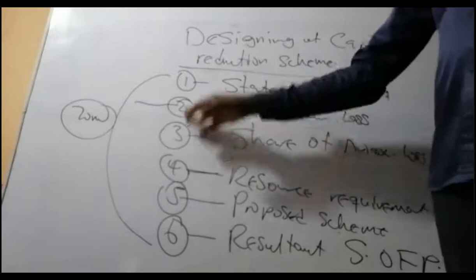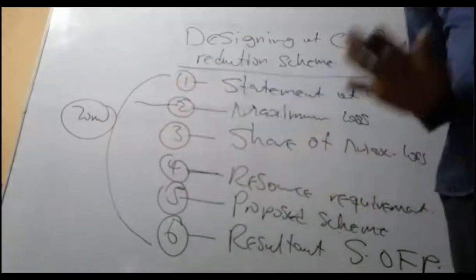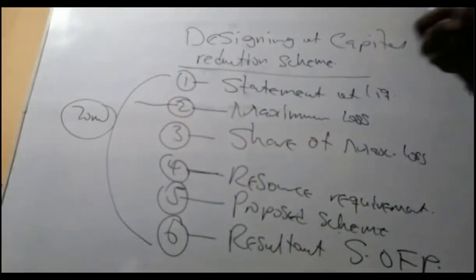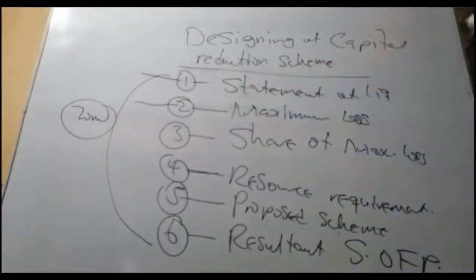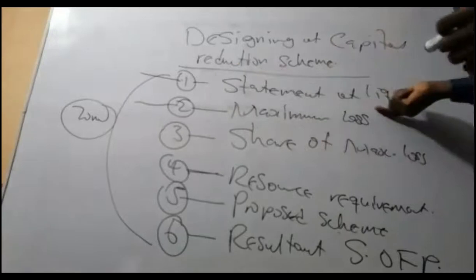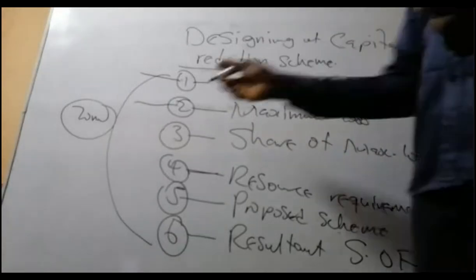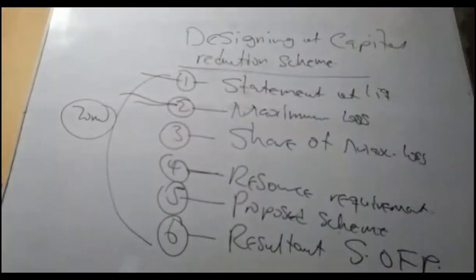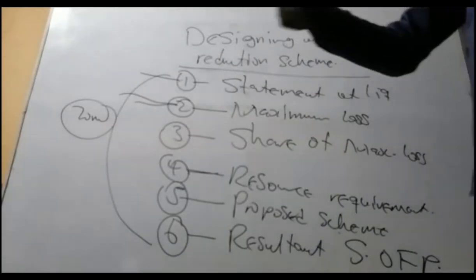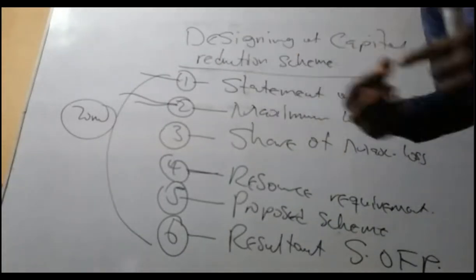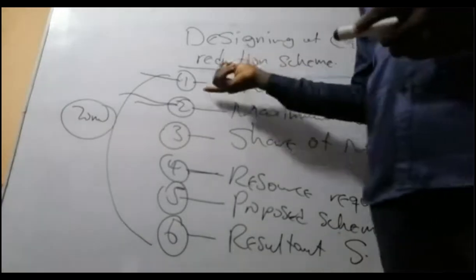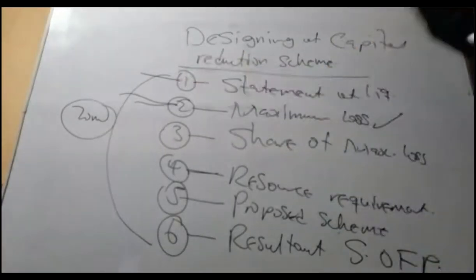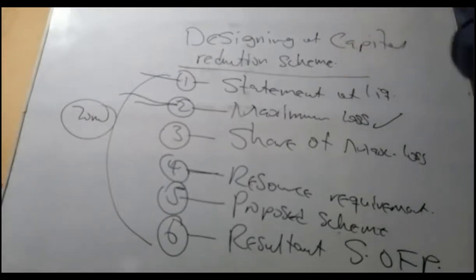However, the examiner can ask any of these steps on its own. It can ask you to explain the position of the key stakeholders in the event of liquidation. That is just the first step. Second step, they can ask you to determine the total maximum loss likely to be incurred when the company wants to revive the business. Then ask you, from the above calculation, is it possible for the company to push to liquidation or revive?